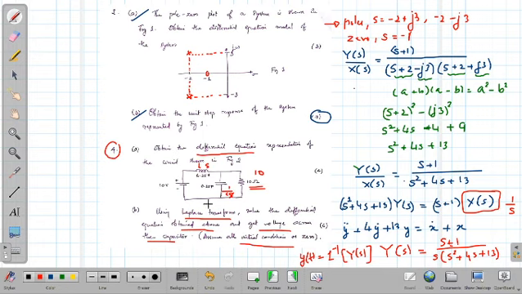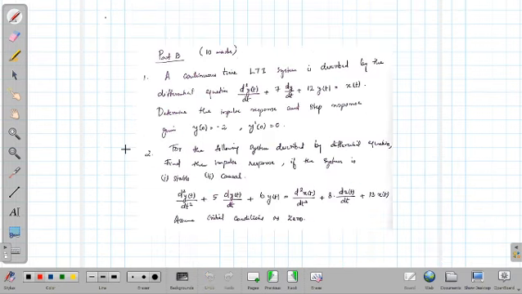So the method is, once you have the transfer function, you can find the expression for the voltage across the capacitor, maybe Vc of s, in Laplace domain, and then you take the inverse Laplace transform to find the voltage across the capacitor. So this is the method to solve question number 4. So let me check if I have some more questions. Okay, so I have 2 more questions here.